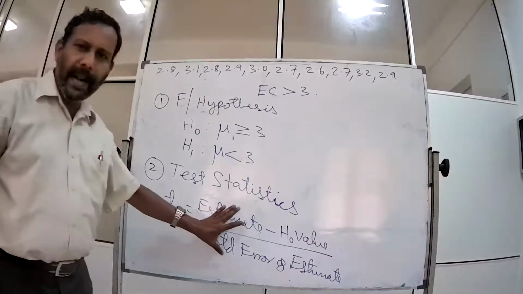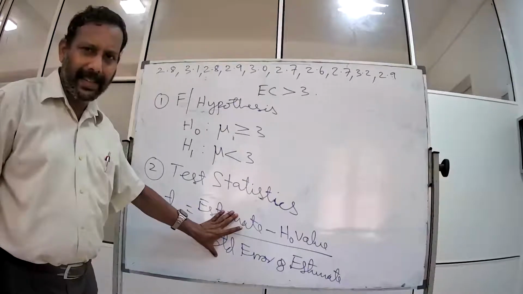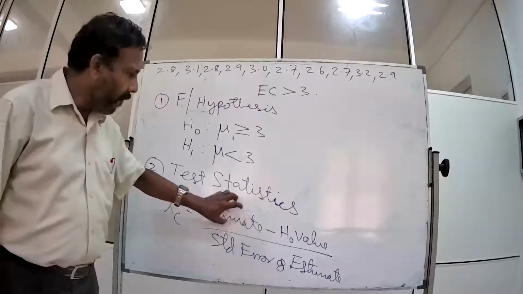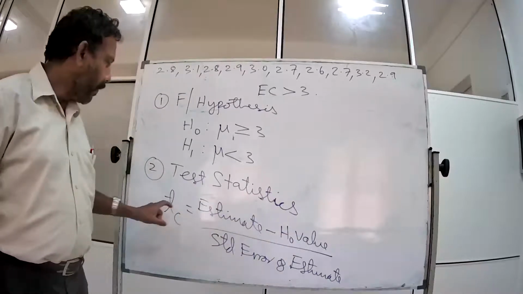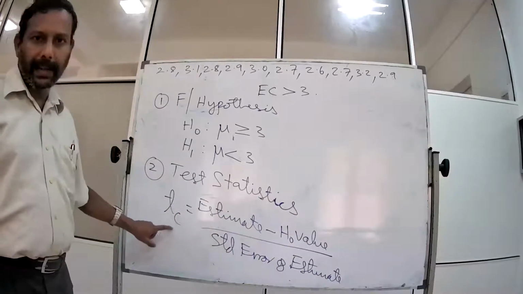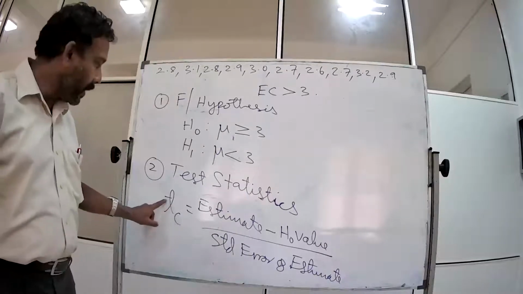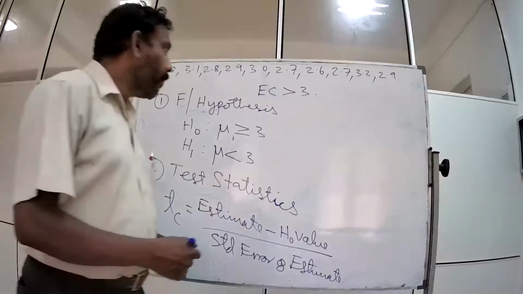You don't need to write all this in the exam. I'm just giving it to you to understand what components come in when you do the test statistic. This is called TC, the T calculated value.